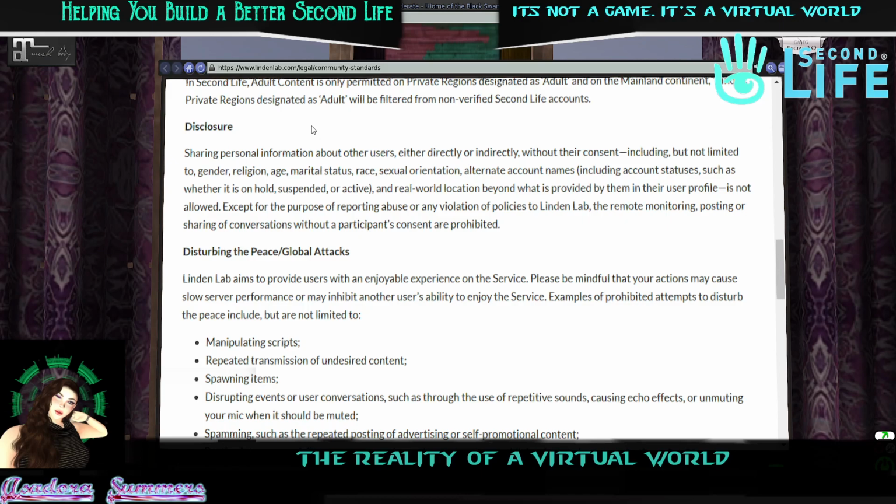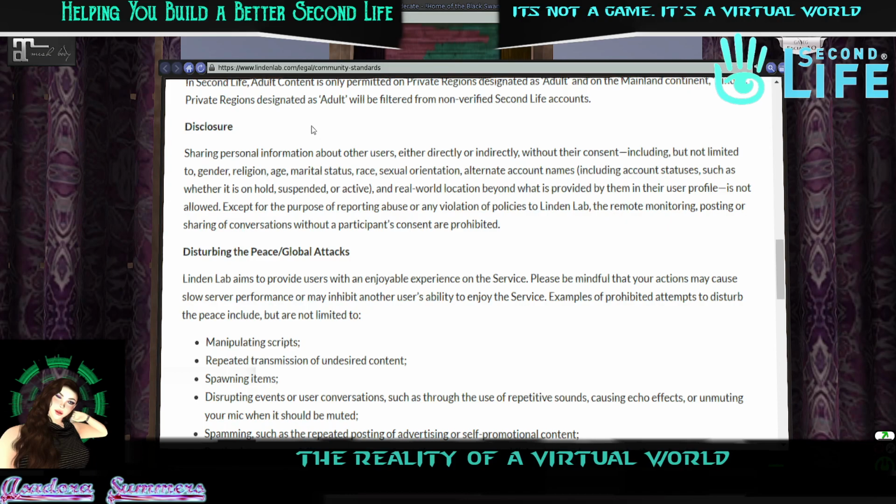Okay, now moving on to including but not limited to gender, religion, age, marital status, race, sexual orientation, alternate account names, whether they're active or on hold or suspended, or real world locations.